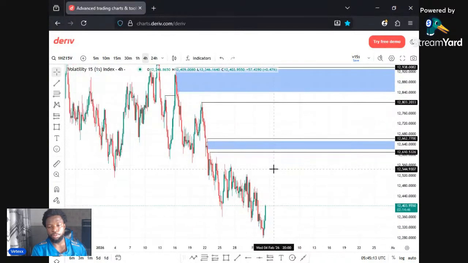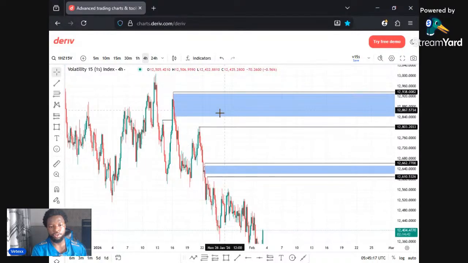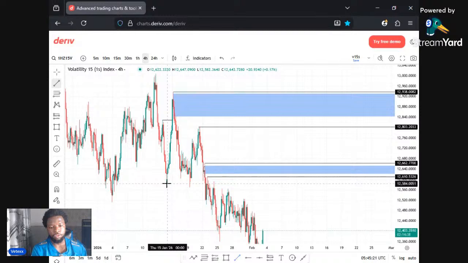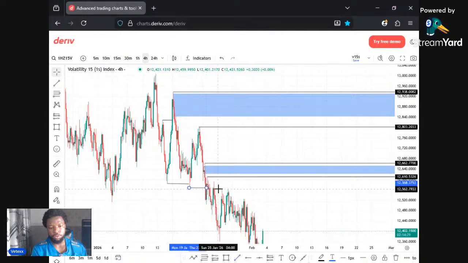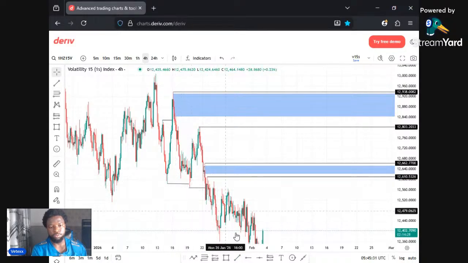So if price doesn't respect this POI, we'll wait for it to come to this POI. So we have our sweep, first break of structure, and then we have our second break of structure. These are points of interest, transactional liquidity, which you use for correction.